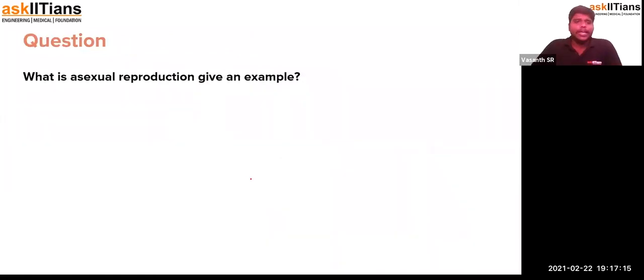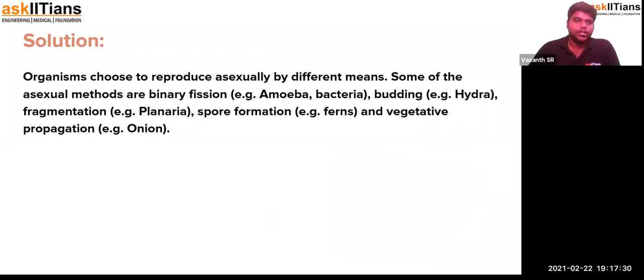So now, what is asexual reproduction? Give an example. When you talk about asexual reproduction, I've already told you a lot of things about it. So we will see what the answer is. Organisms which choose to reproduce asexually do so by different means. For example, binary fission, which you already saw.